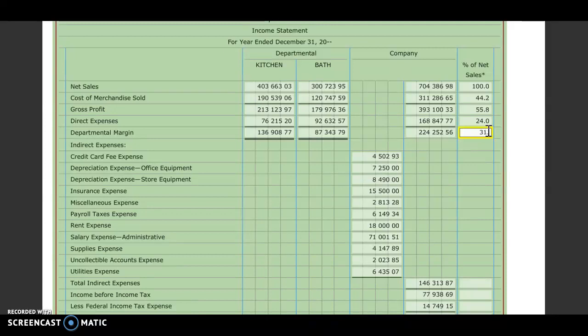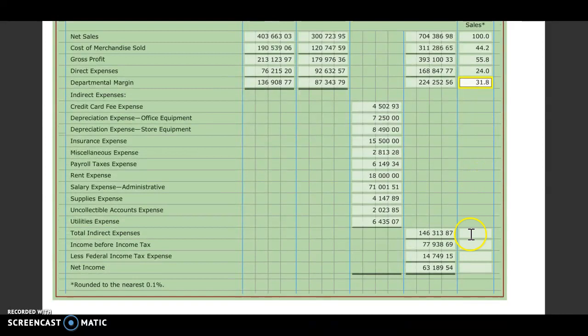Next, I should get 31.8%. I'm going to move down here. Should get 20.8.